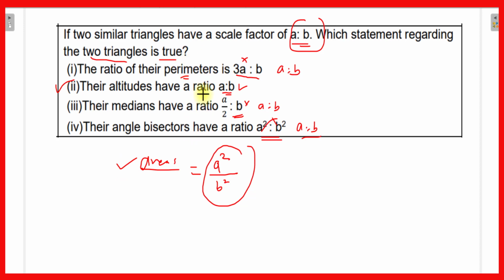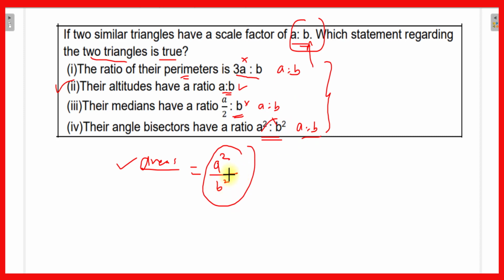Otherwise, for all the rest, the ratio of the perimeters, the ratio of the altitudes, the ratio of the medians, and the ratio of the angle bisectors will remain equal to the scale factor. If it is 2:1, all these ratios will remain 2:1.